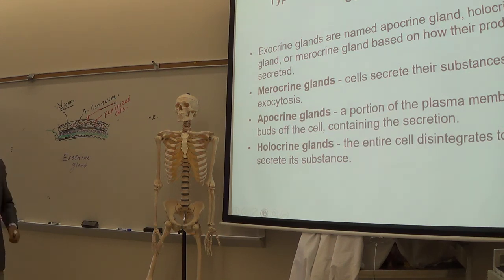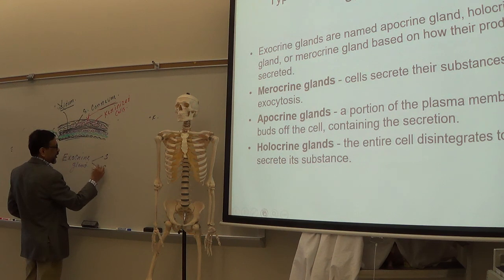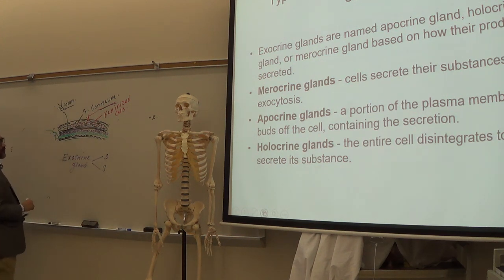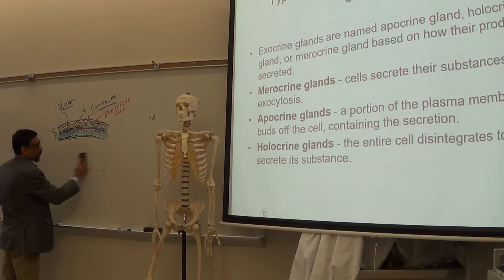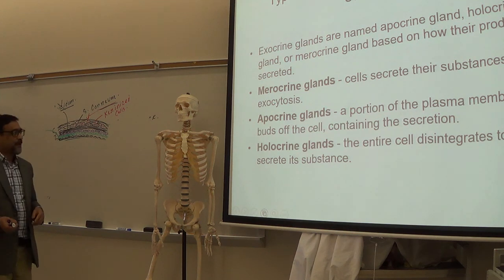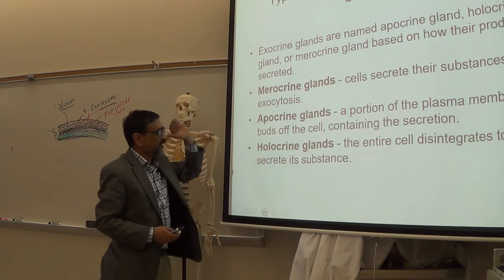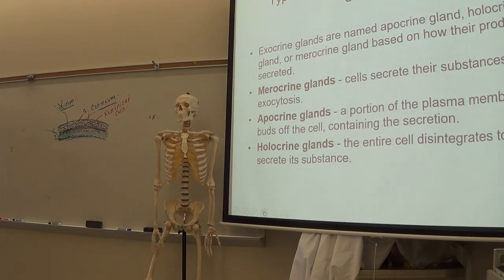Okay? Skin glands are exocrine, both sweat and sebaceous, both. Now, the exocrine glands cause secretion in three ways. I will explain that to you.